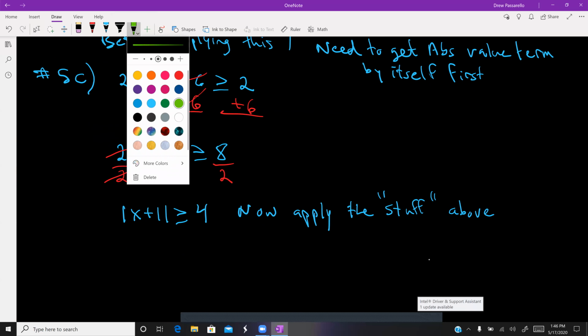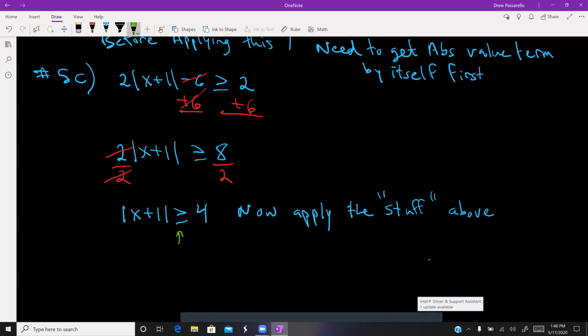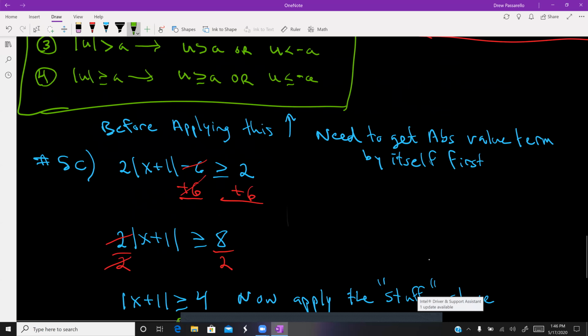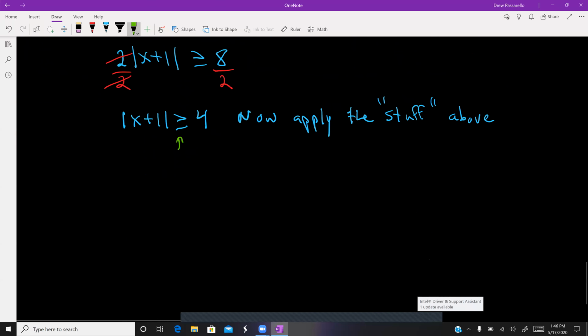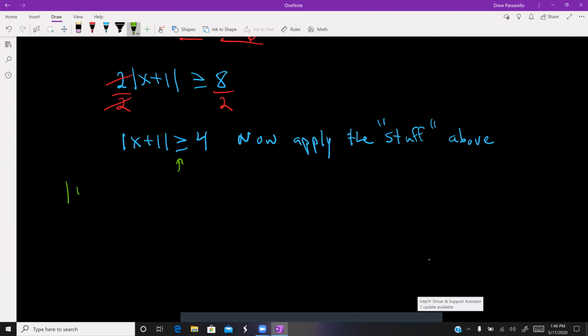So I have a greater than or equal to sign, and that matches case 4. So I'm using the fact that the absolute value of u greater than or equal to a translates into u greater than or equal to a, or u is less than or equal to negative a. So in our case, u is x plus 1, a is 4.